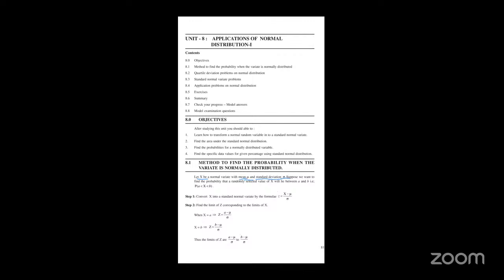So we are taking x as a normal variate, and for that variate we are taking mean as mu and standard deviation sigma. Suppose we want to find the probability that a randomly selected value x will be between a and b. We are assuming that it lies between a and b. So this gives the probability of a less than x less than b, meaning the x value is between a and b.